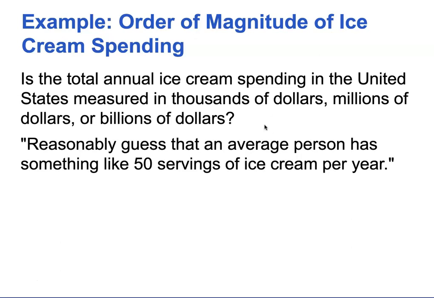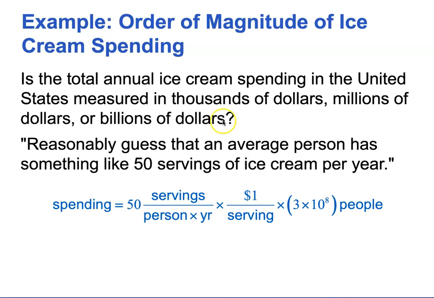All right, so we're going to guess that the average person has something like 50 servings of ice cream per year. That's almost an ice cream once a week. So when we're talking about the spending, you got 50 servings per person per year times $1 per serving. So it's $1. Then you multiply it by how many people are in the United States, which is in scientific notation.